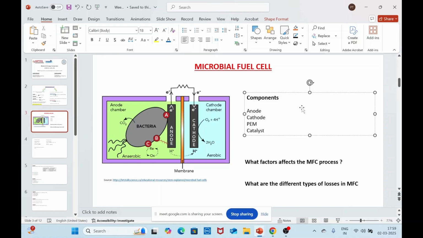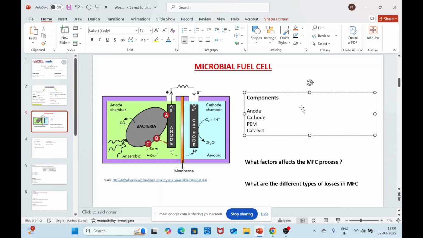So here, if you see the components, we have to discuss the anode. As I said, the anode is the place where the oxidation happens, and at the cathode the reduction happens. Typical materials for the anode and cathode: graphite plate is one of the best materials. The basis for choosing graphite is its electrical conductivity.